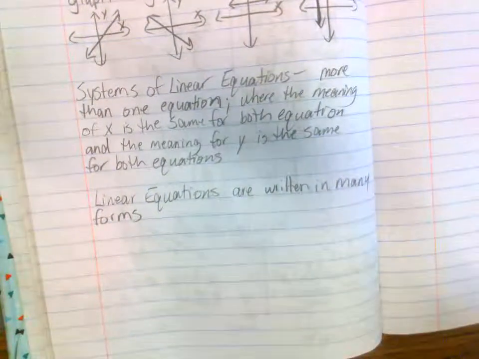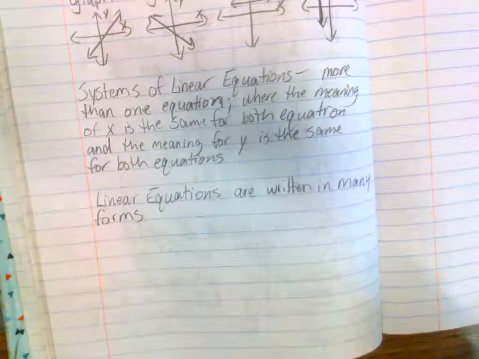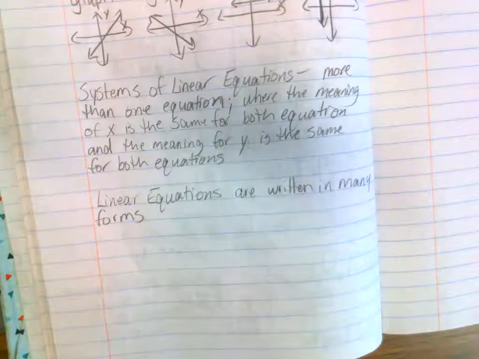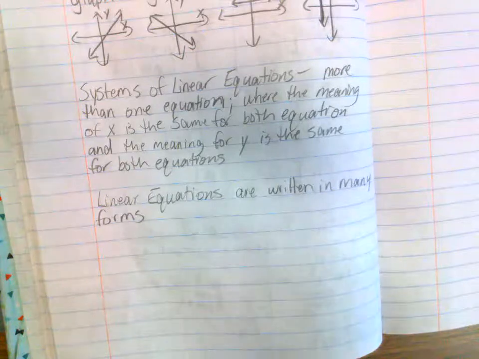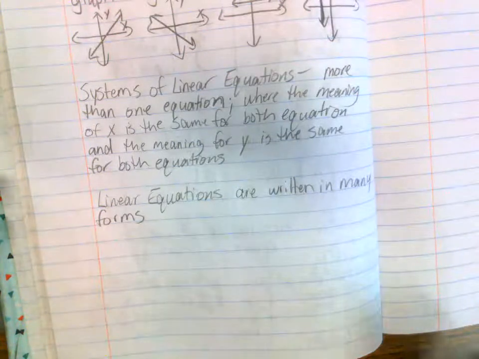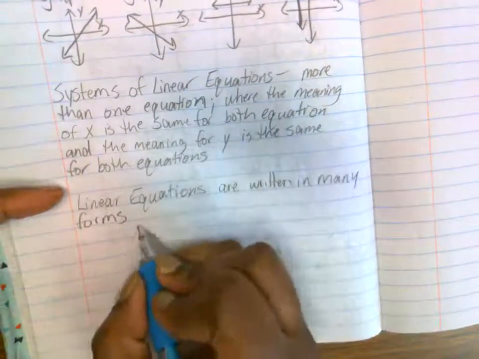The two that we're going to talk about in this particular course are the slope-intercept form and standard form, okay? But there are other forms that linear equations can be written in. And a form is just the way an equation looks. It's what something looks like. So we're going to talk about the slope-intercept form first.